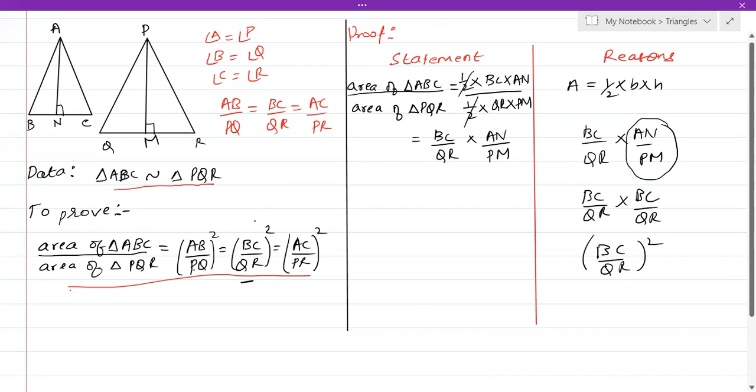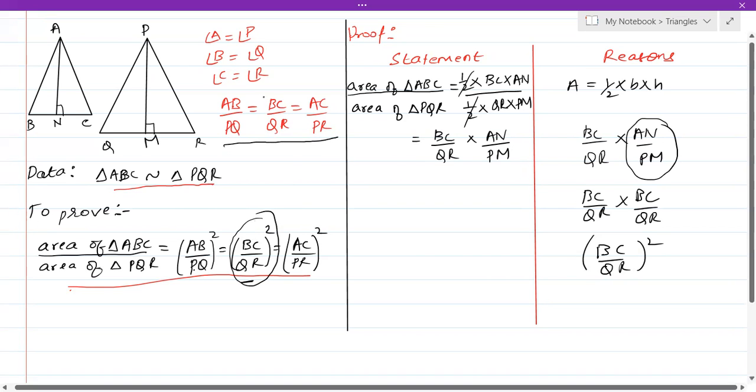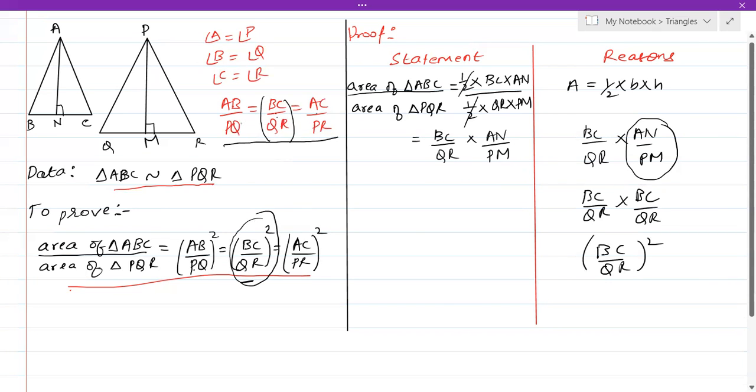If we prove it for one thing, automatically the other two will become equal, because we have got this stuff, right? Here AB by PQ is equal to BC by QR, AC by PR. If we prove this, automatically the other two will become equal. So what we are trying to do is, we have got AN by PM here.